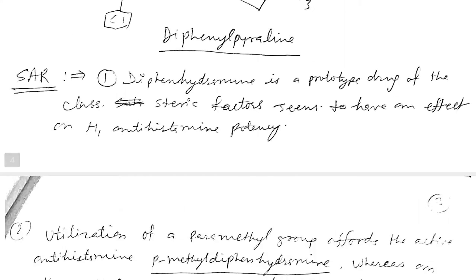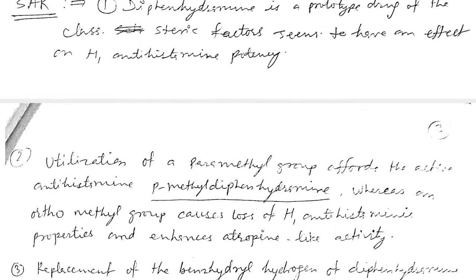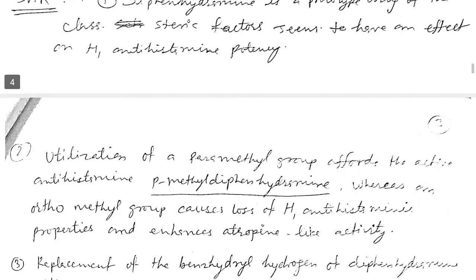Now in the SAR point, we can discuss that diphenhydramine is the prototype class of the drug, and the steric factor seems to have an effect on the antihistaminic potency. So, as we discussed previously, in the alkylamino ether analogs, diphenhydramine is a prototype drug. All derivatives are based on the diphenhydramine category. Replacing with small groups on diphenhydramine increases the potency, as we have seen.